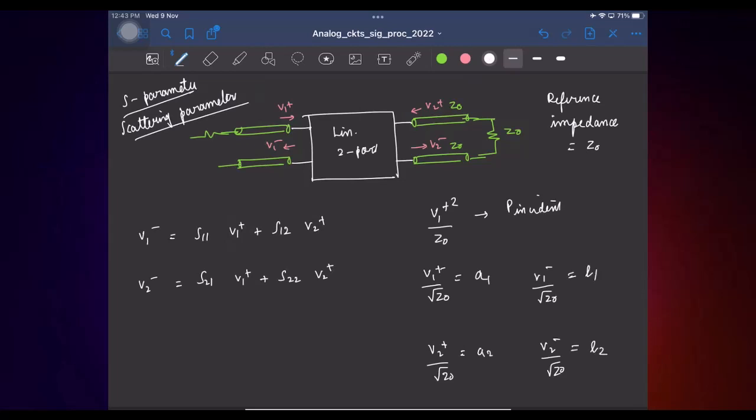Really innovative choice for variables, right? Cool. So in practice you will do this by square root of Z0. But we'll not consider that because it makes more intuitive sense to look at forward voltages and reflected voltages. Okay, so let's actually look at this once again.